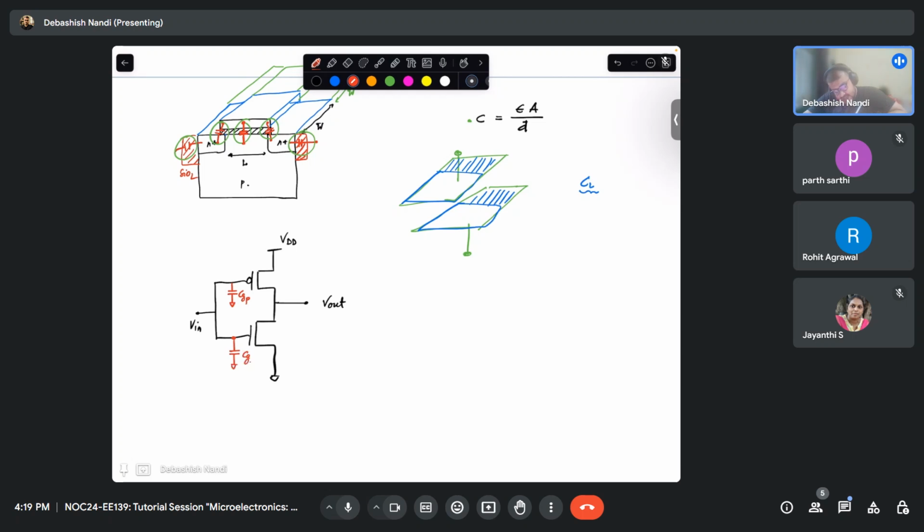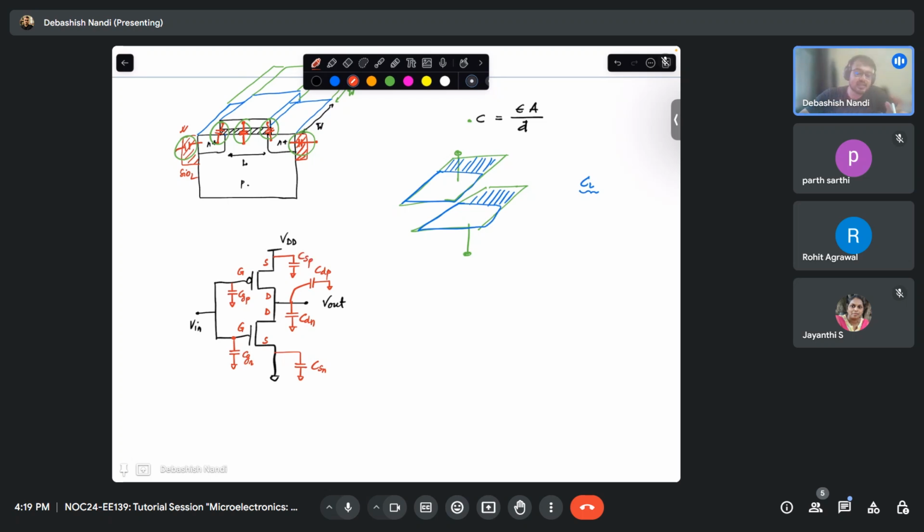Let's say this is CGN. You will also see a source capacitance, CSN. You will also see a drain capacitance, CDN, another source capacitance, another drain capacitance for this, CDP, and you will also see another source capacitance, CSP.